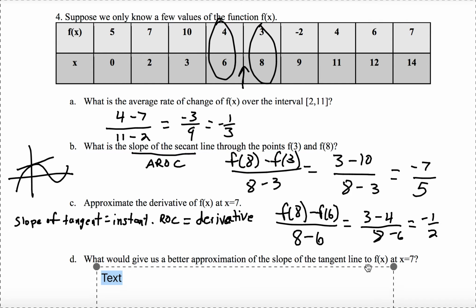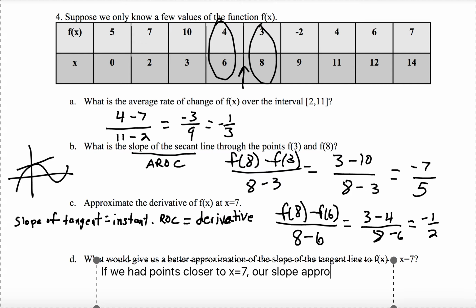Well, if you think for a second, you might go, well, using x equals 6 and x equals 8, those points are kind of far away from 7. Couldn't we get points closer? And the answer is yes. If we had points closer to x equals 7, our slope approximation for the slope at x equals 7 would be better.